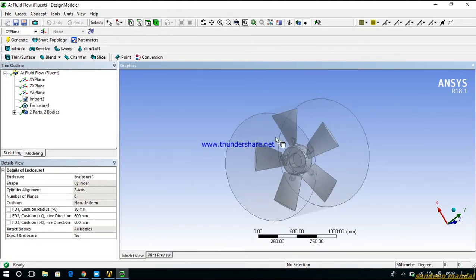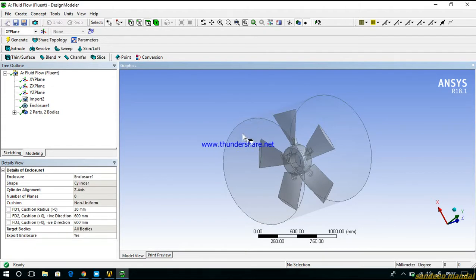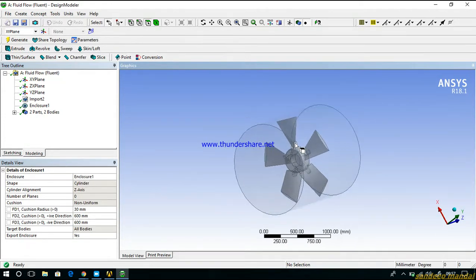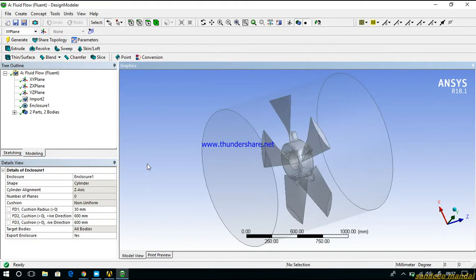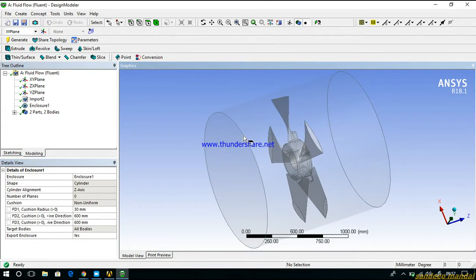First, we have to create a boolean on this enclosure and subtract this blade geometry, then fix this fan and rotate it at a desired RPM so that we get the required CFM at the outlet side of this domain.